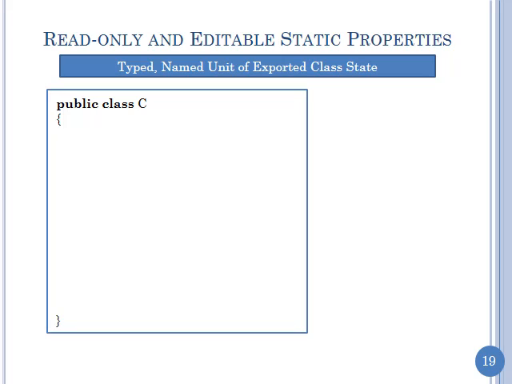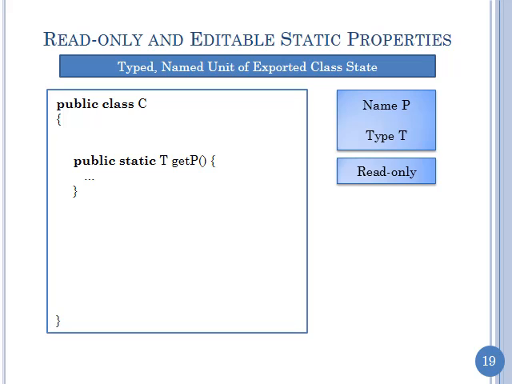And we know we have a property named P of type T if we have a static property named P of type T. Just as there are static variables and non-static variables, there are static properties and non-static properties. Okay? So there is a static property named P of type T as long as there is a method called getP that returns type T.